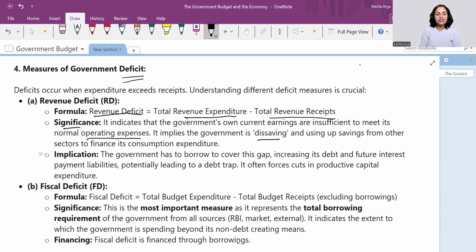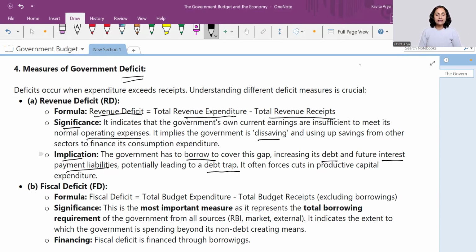So the implication is when the expenditure is more than the receipt, the borrowings happen and this may lead to the debt. Debt means it may have future interest payment liabilities and hence it may start becoming a spiral. It means debt trap can be a potential situation in this case.